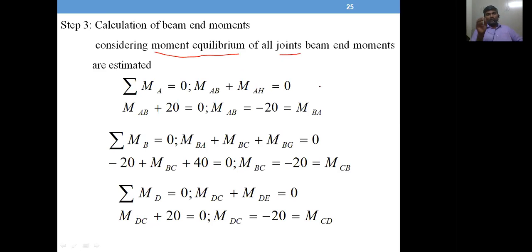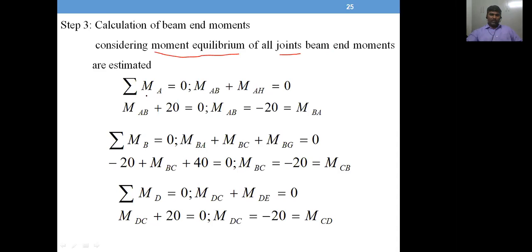So the joints present in the frame you have to consider, and then you know the column end moments. At a joint where both beam and column join, you know the end moment of a column, and you are now required to calculate beam end moments. Let's see in detail.